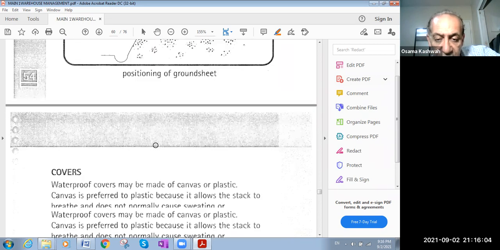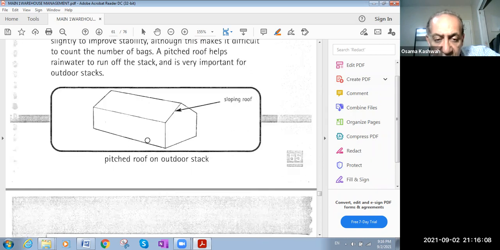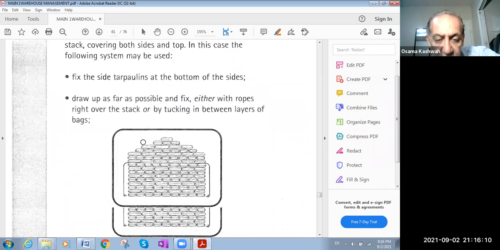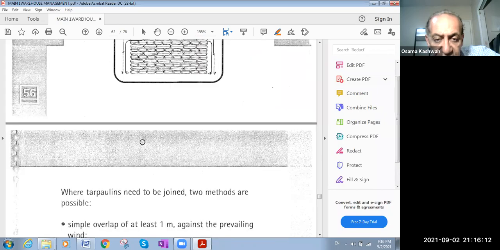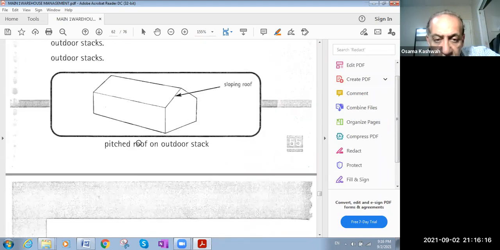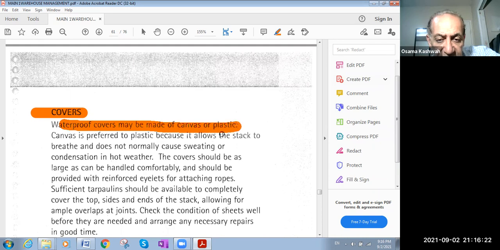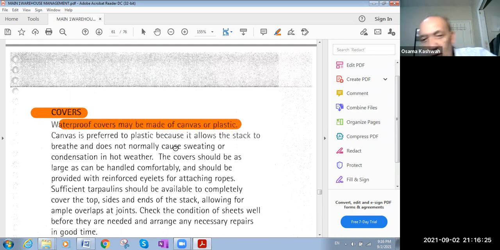Okay, so how about the covers and ropes? We talked about the sheetings. We have also covers. Waterproof covers may be made of canvas or plastic. The whole world is using plastic and PVCs as well.